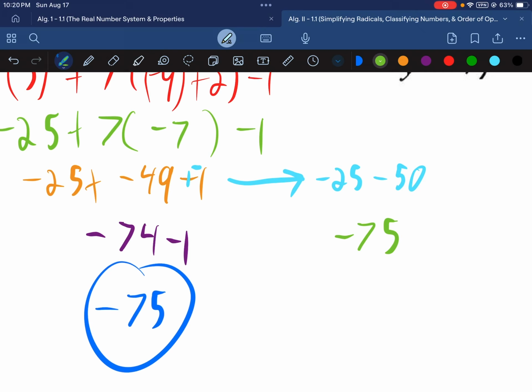So that might be easier for you to do because adding 49 and 1 gets us to 50, rather than doing 25 and 49 gives us 74. It can be a little bit harder to work with mentally or in our head. So that's just a little trick you can use, that as long as you keep the sign with the number, in this case keeping the negative with the 1, keeping the negative with the 49, you can be successful by rearranging that because you can add in any order.